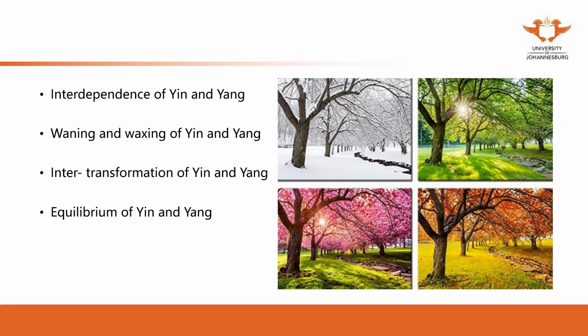That's the intertransformation from spring to summer to autumn and to winter. So these should be gradual changes. That's the law of nature. These transformations should happen gradually. If it happens suddenly, it will cause damage.